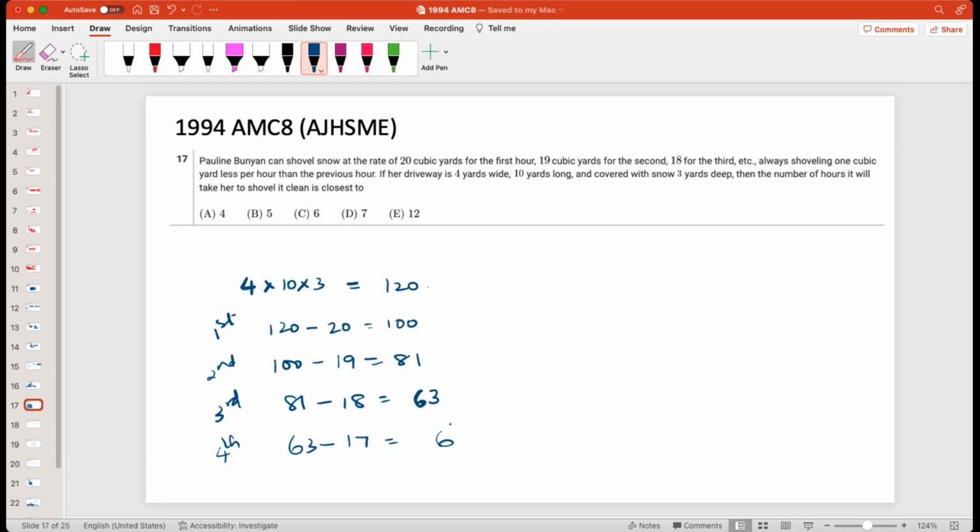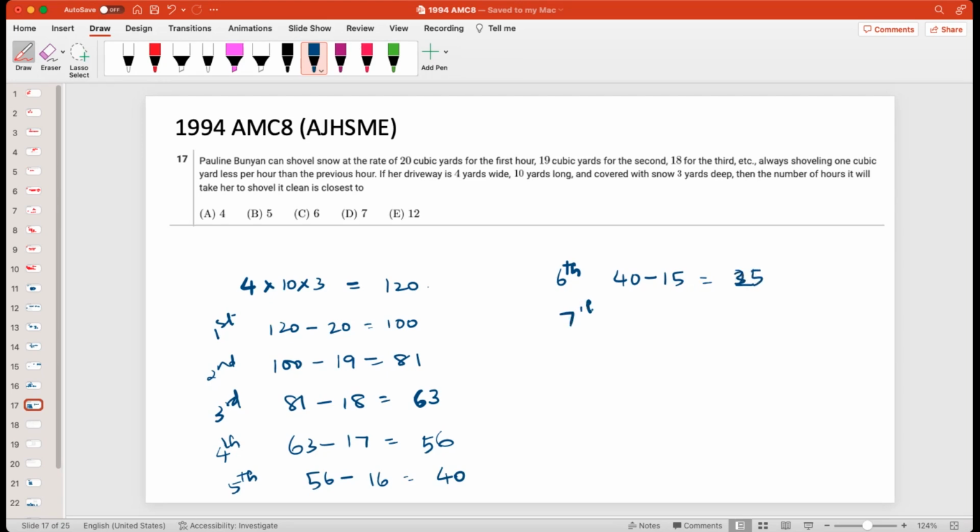46. Then the fifth hour she'll do 56 minus 16, so that will be 40. Then in the sixth hour she'll do 40 minus 15, so that will be 25.